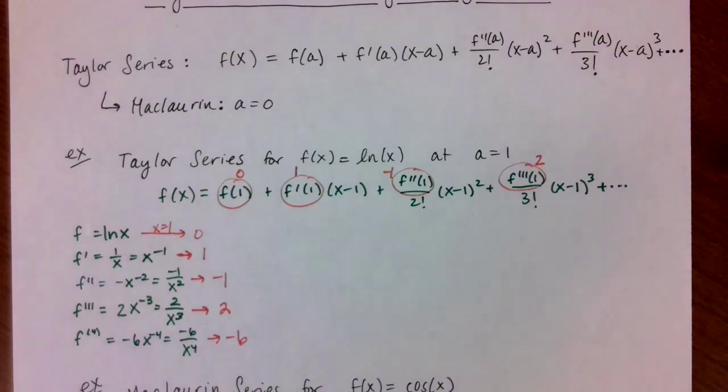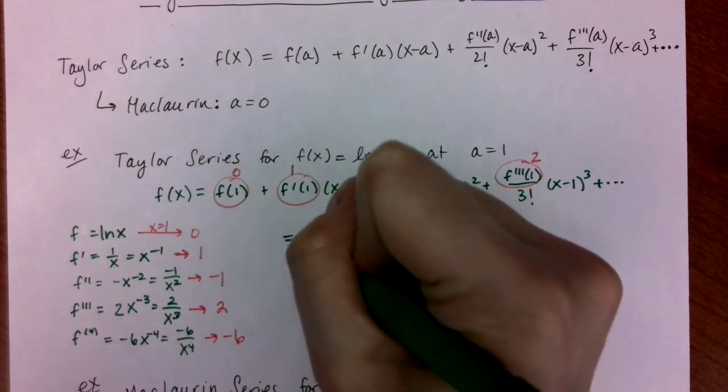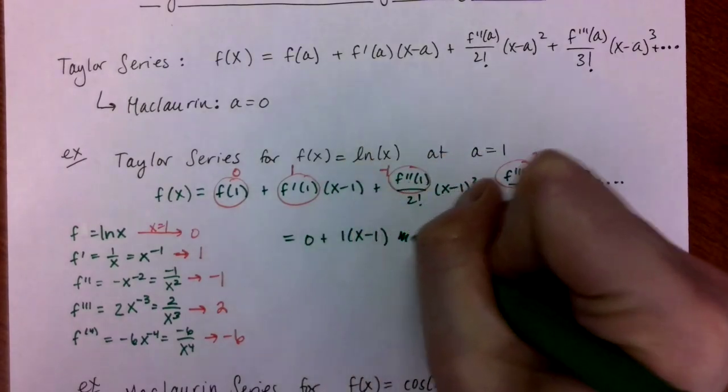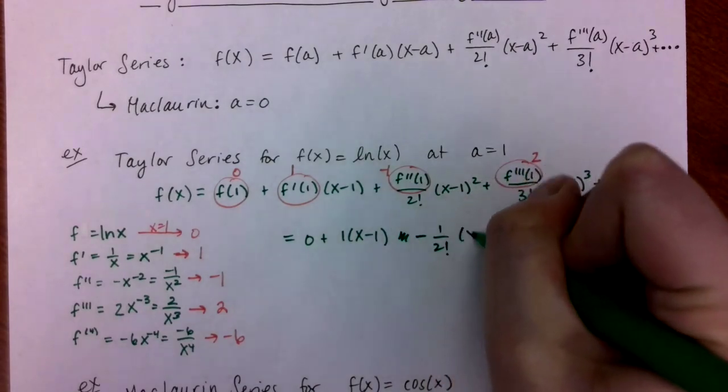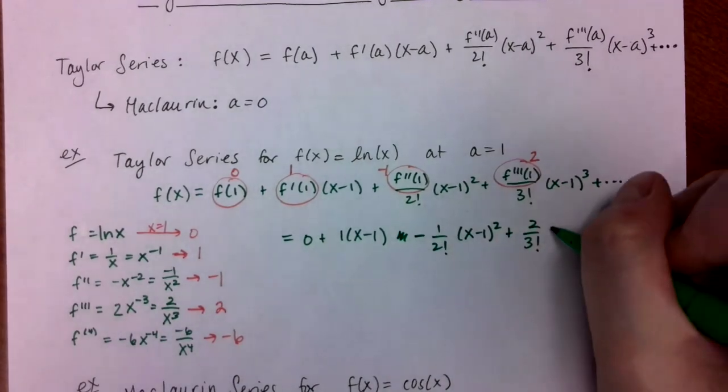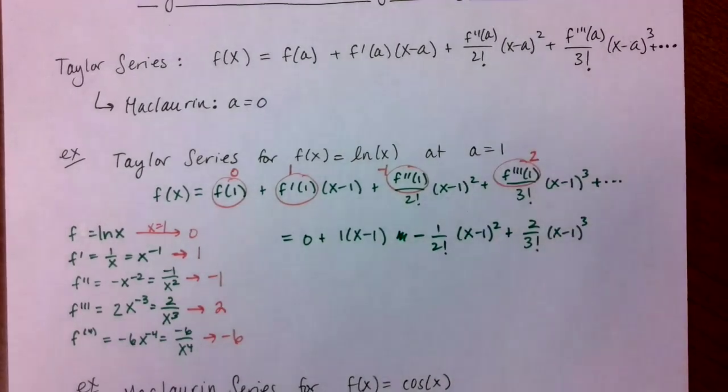All right, so let's fill in what we have so far for our Taylor series. 0 plus 1 times x minus 1, minus 1 over 2 factorial times x minus 1 squared, plus 2 over 3 factorial times x minus 1 cubed. And then I'll throw in the extra term that I created.